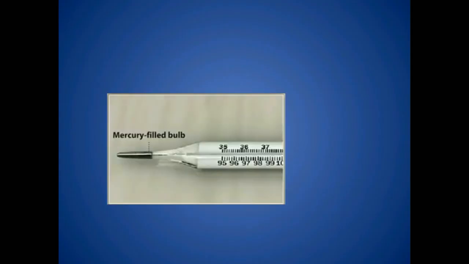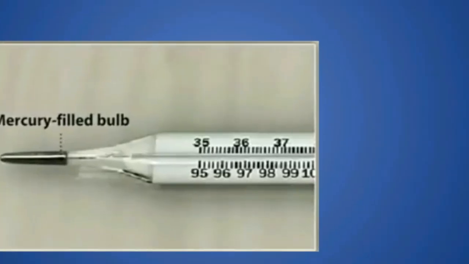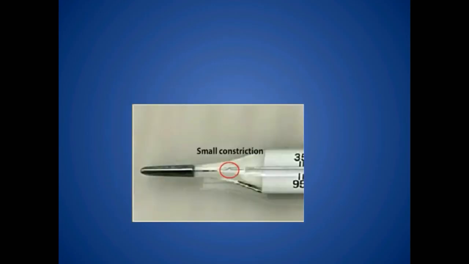Then it consists of a mercury filled bulb inside at one of its ends. And towards that end, it has a small constriction where the backward flow of mercury is stopped or prevented.